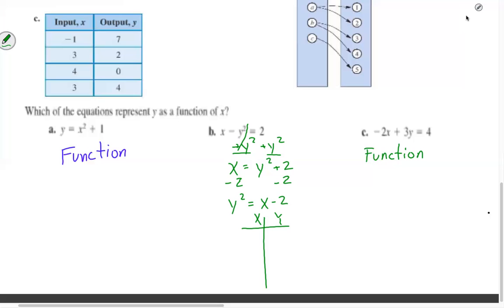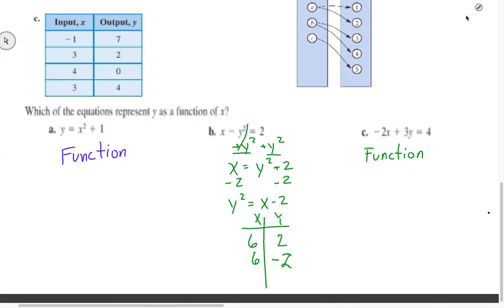And I'm going to pick a very specific kind of value for x. I'm going to take 6. So Abby, what is 6 minus 2? 4. So what number squared gives me 4? 2. Is there another number? No. No other number that I could square and get 4. What if I told you it was -2, Abby?